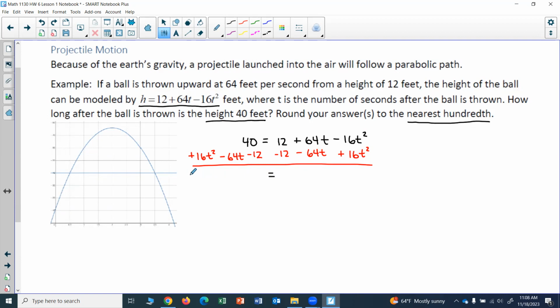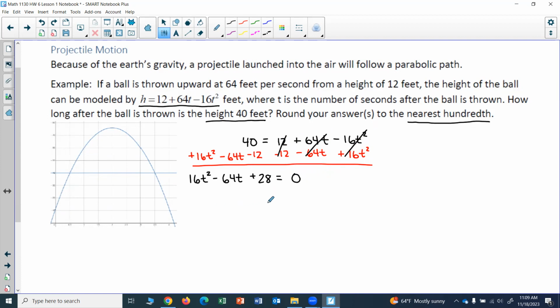On the left side of the equation, I'm going to have 16t squared minus 64t, and then 40 minus 12 is going to give me plus 28. And now everything on the right side of the equation canceled: 12 minus 12, 64t minus 64t, and negative 16t squared plus 16t squared. So I end up with 0.